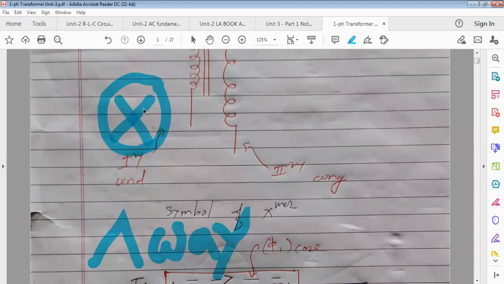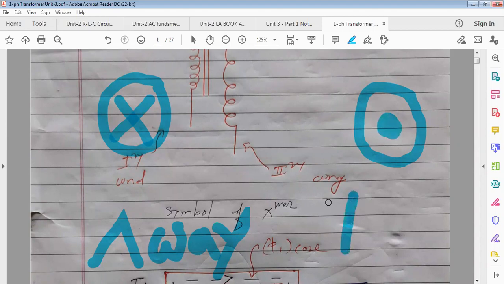So the cross here indicates the direction of current. It means current is moving away from the observer. Got it? Another thing is, consider an arrow moving toward you. Whenever an arrow is moving toward you, what you can see is its tip. It means it will look like a dot, isn't it?